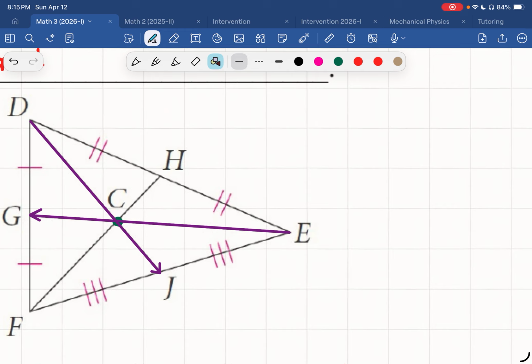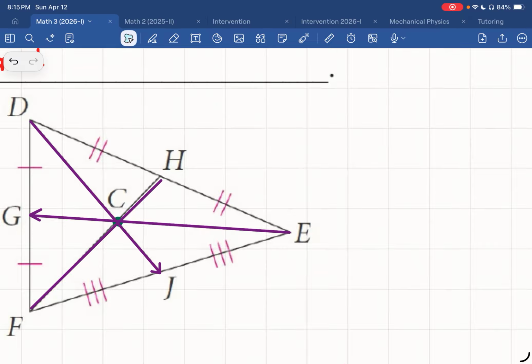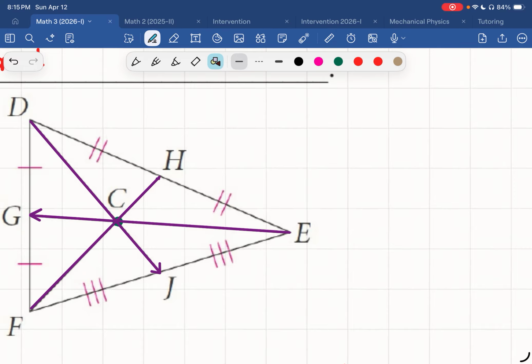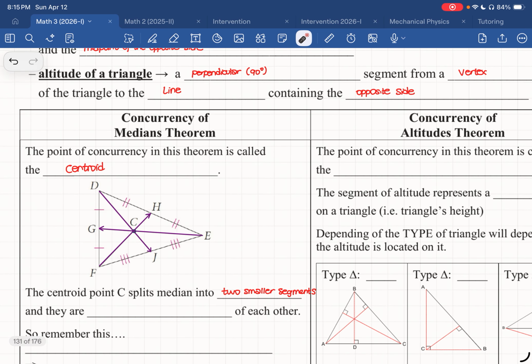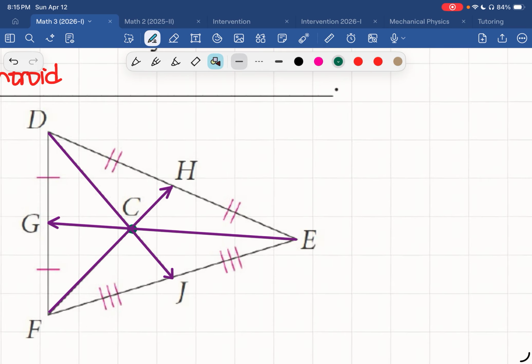And finally, we have this one. Okay. So the point when these three lines cut each other is going to be, again, the centroid. And I put it in green on top of them. This is the centroid. Okay.